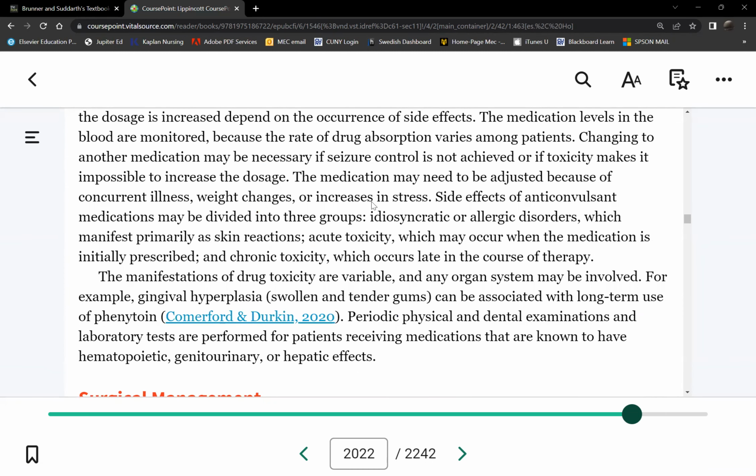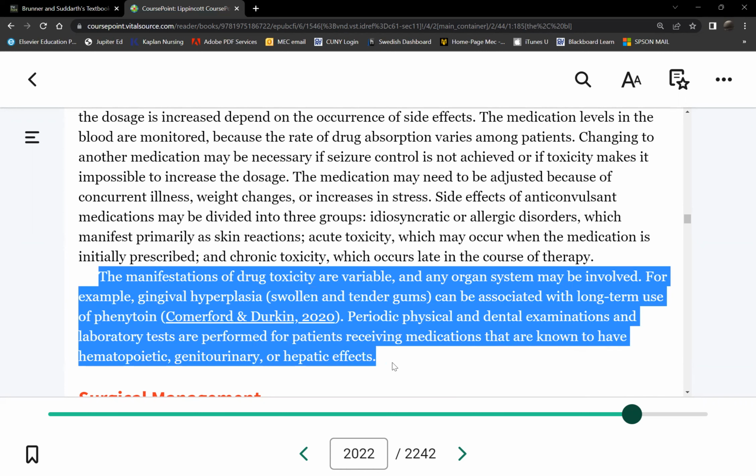Okay. So for the drug specific responsibilities, they took it out from this edition of the textbook. So that would be one less thing for you to memorize. However, they did put this paragraph right here as generally applicable to anti-seizure medication, especially phenytoin.